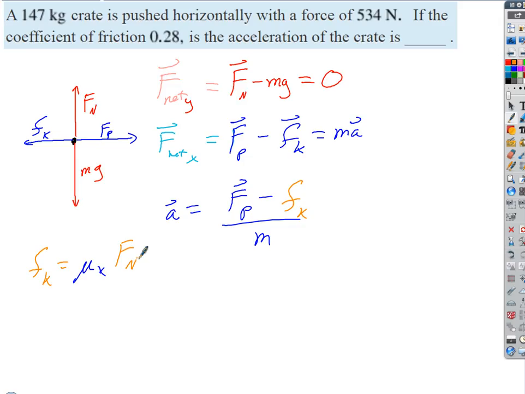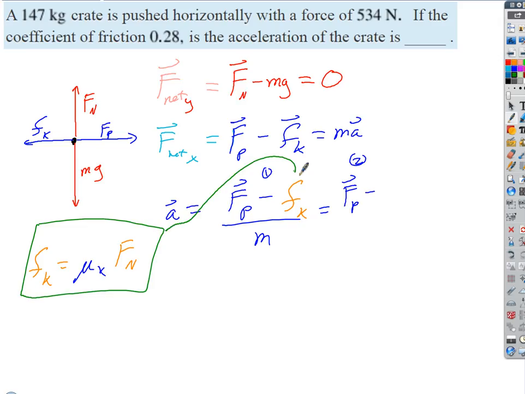I think this might be easier to see. So there was our first iteration. Now we're going to set this equal to step number 2, where we've got F sub P minus that now. We're going to make this substitution: minus mu sub k times normal force over m.